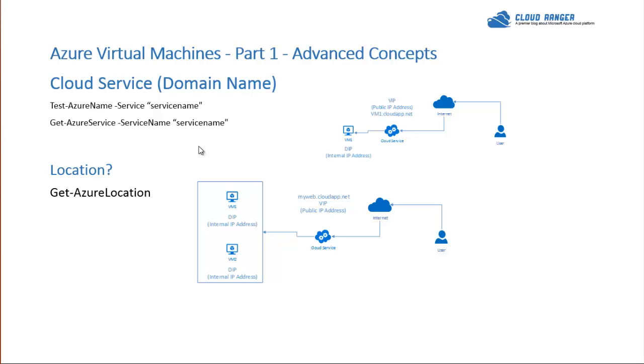When you're doing this in PowerShell and in a script, it cannot tell you right away if this is available or not. So to make your script more self-sufficient and robust, you want to run a couple of cmdlets to make sure that the cloud service I'm creating is available for me.